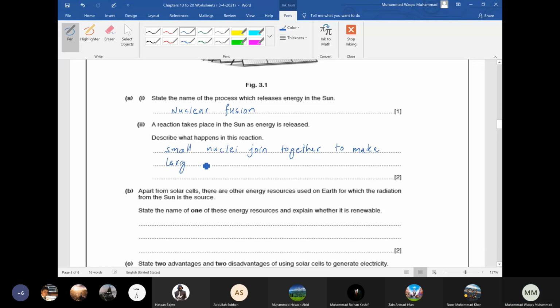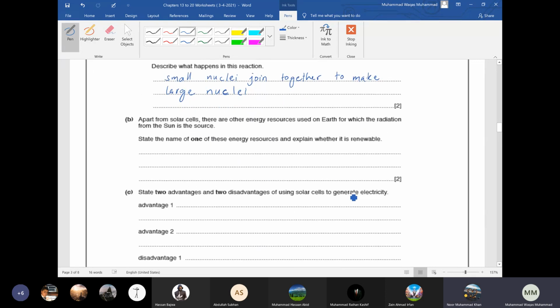Means if you are defining generally, you can say nucleus or nuclei. Okay, beta. In fusion, smaller nuclei join together to form a larger nucleus. In fission, a large nucleus splits into smaller nuclei. So this is the difference between fusion and fission.